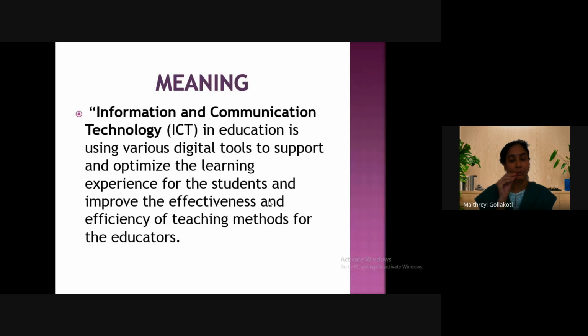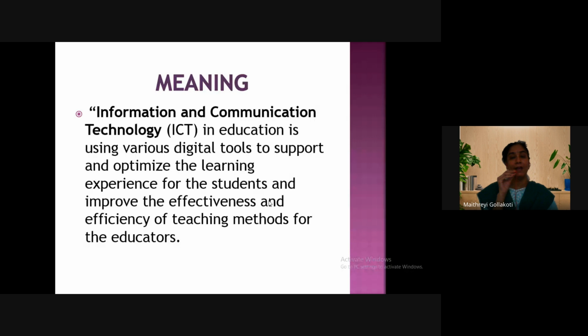Yes, true. But if we take the help of ICT, that can be our assistant. ICT cannot replace a teacher, but it can supplement a teacher. It can help as a tool for the teacher to make her or his lessons more effective, means better and easy to understand for the students, and it improves the efficiency of our teaching methods.